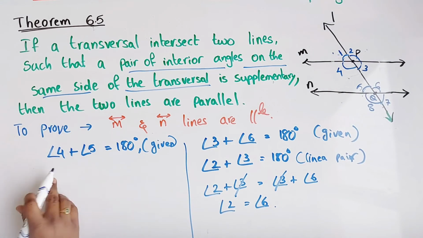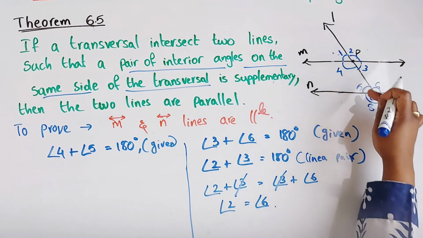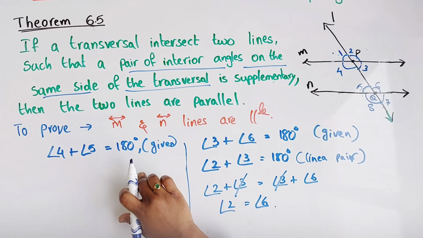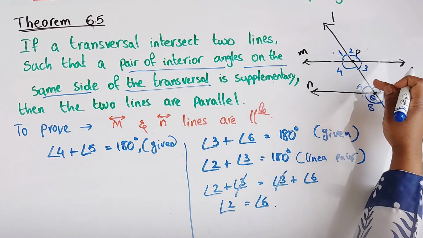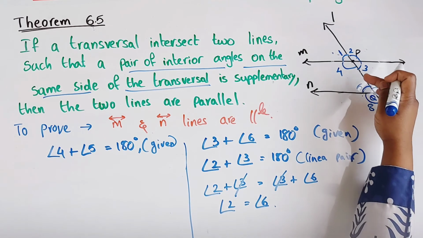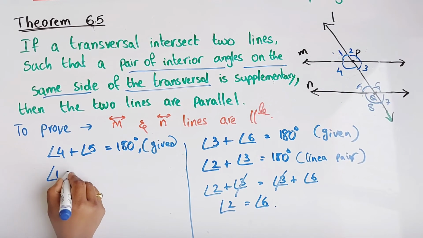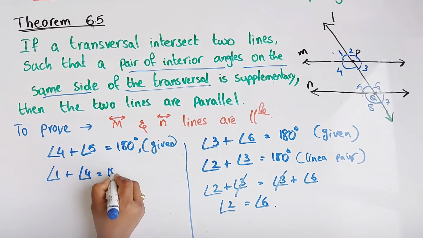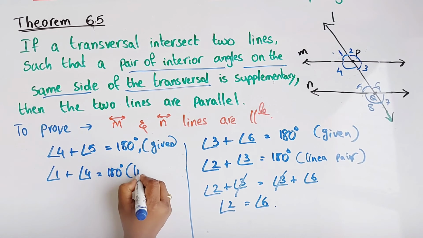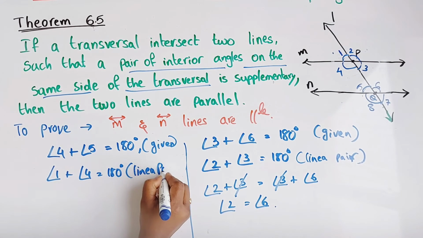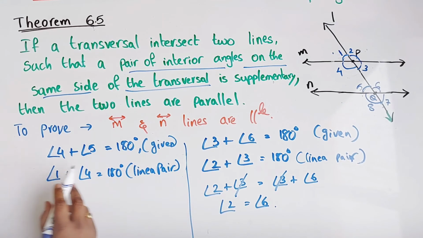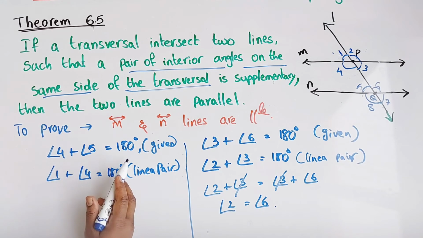Now, this side we will see. Here, angle 4 plus angle 5 equal to 180 degrees. We can take angle 1 plus angle 4 equal to 180 degrees, because linear pair, children. Now see, angle 4 plus angle 5 equal to 180.